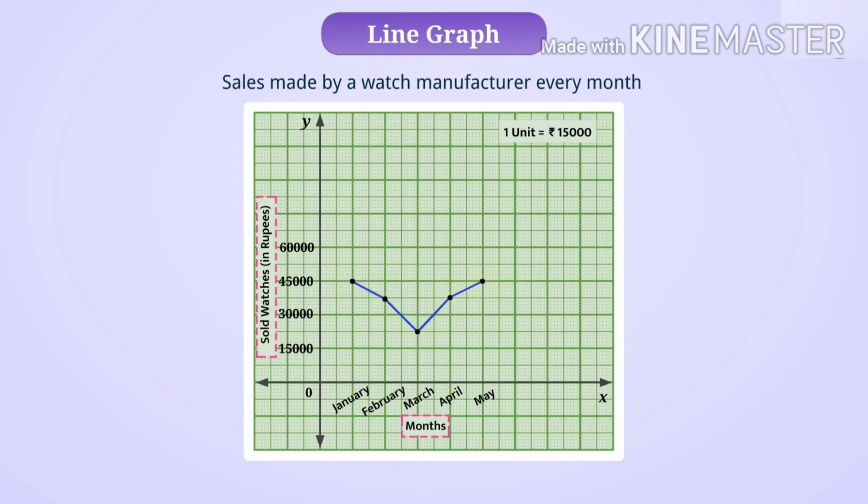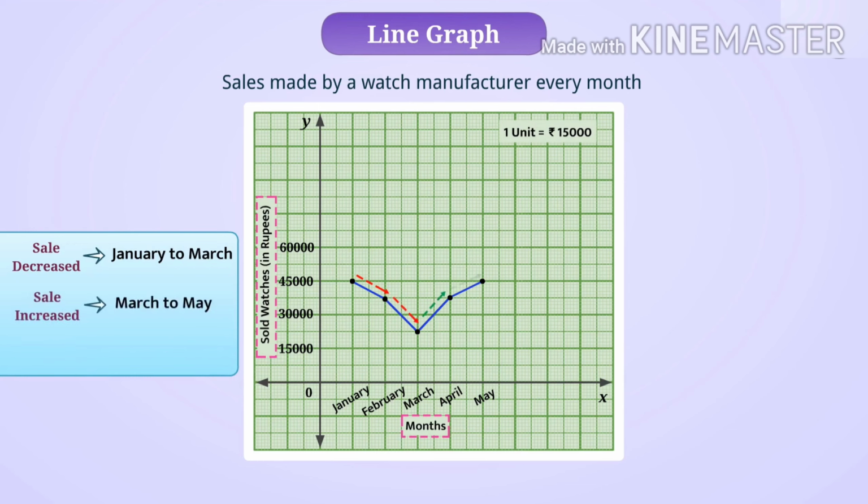These are all the points, and when we join them by a line, we can see how the data fluctuate. As you can see, sales decrease from January to March, and sales increase from March to May, and the fewest watches were sold in the month of March.